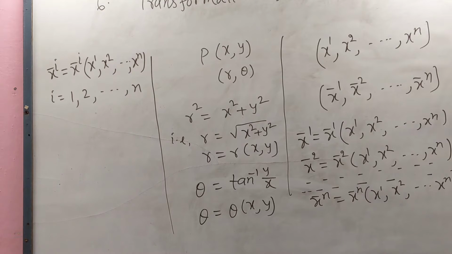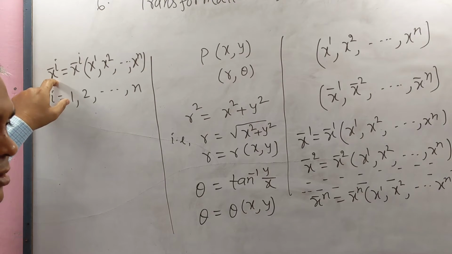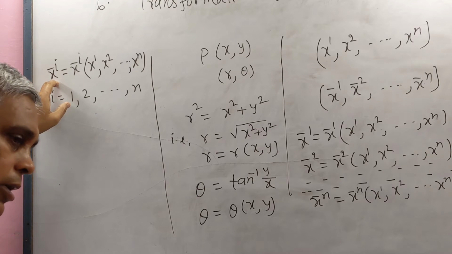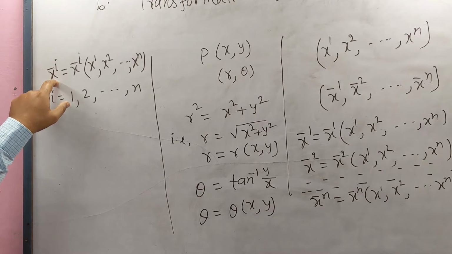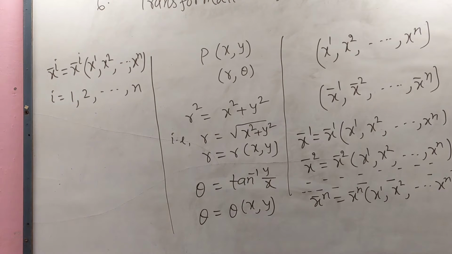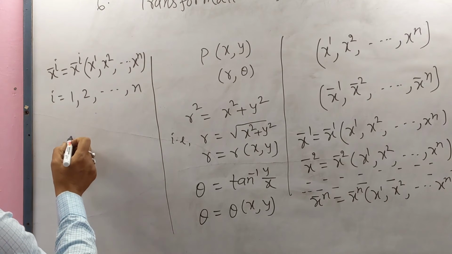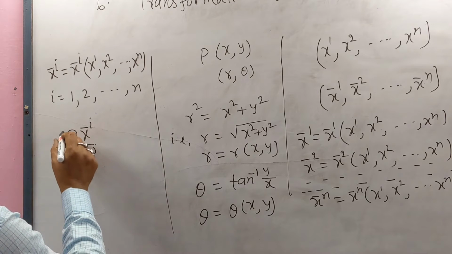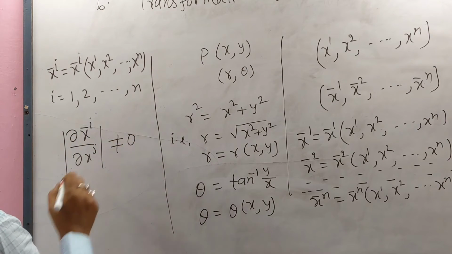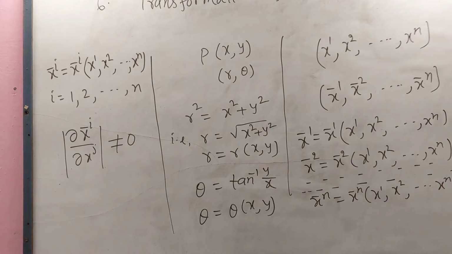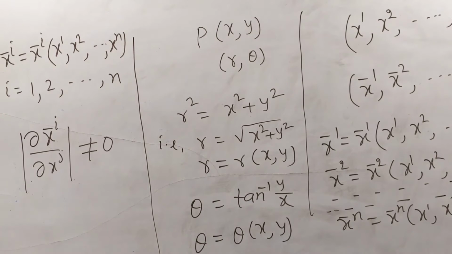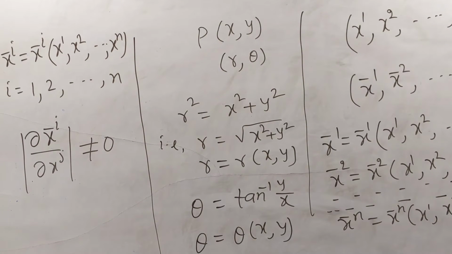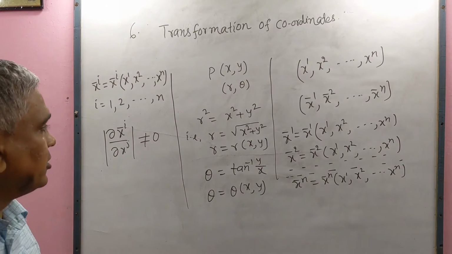Here, if x bar i is a single valued and also real valued continuous function, and the determinant, that is the Jacobian, del x bar i by del x j is not equal to 0, then we may find the coordinates of the x system in terms of the x bar system of coordinates.